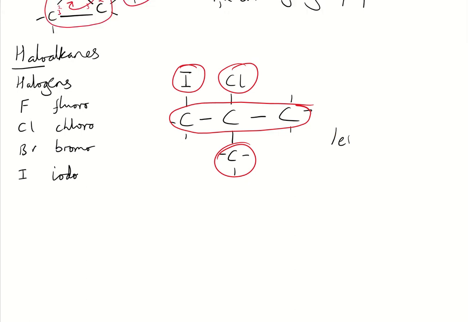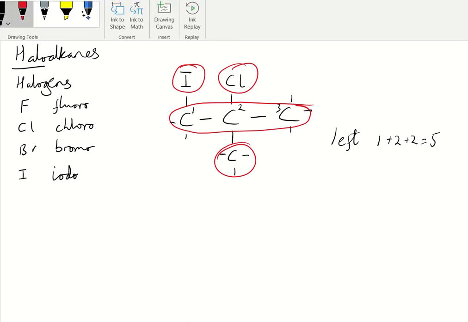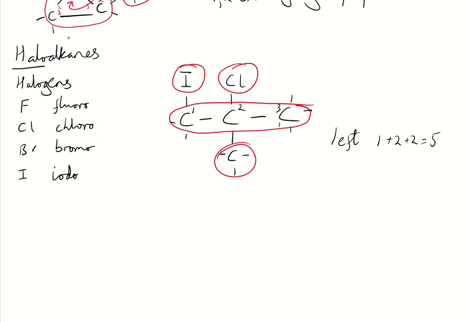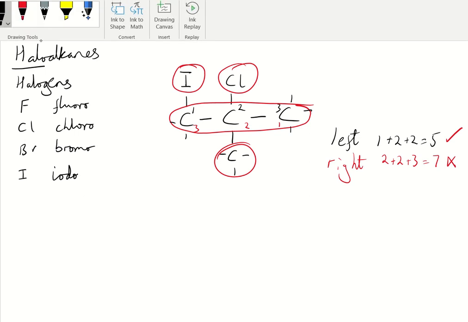Well, if I count from the left and I go 1, 2, 3, I've got a branch on carbon 1 and I've got 2 on carbon 2, 5 there. Whereas if I count from the right hand side, 1, 2, 3, then I've got 2 plus 2 plus 3, 7. So I go with the lower number for that. So I'll be counting from the left.